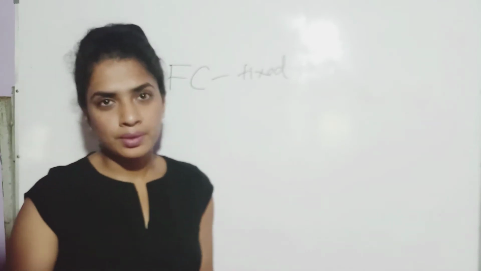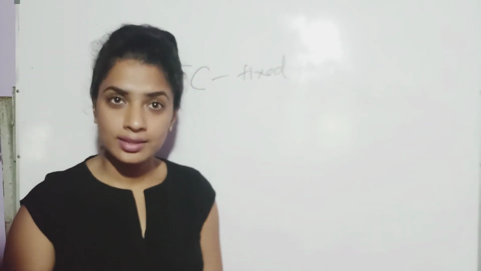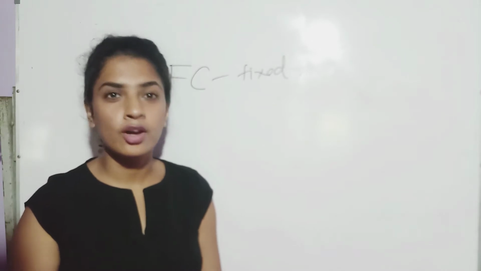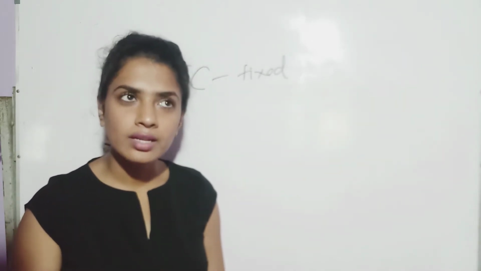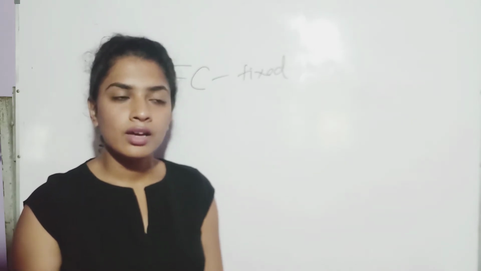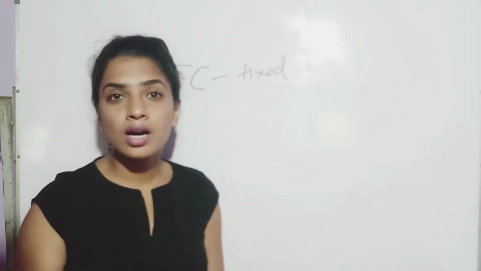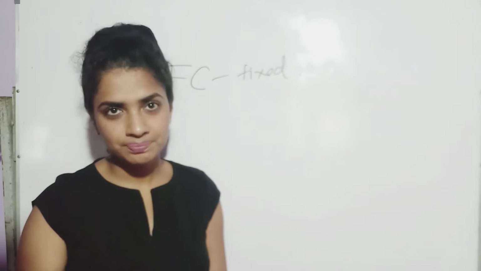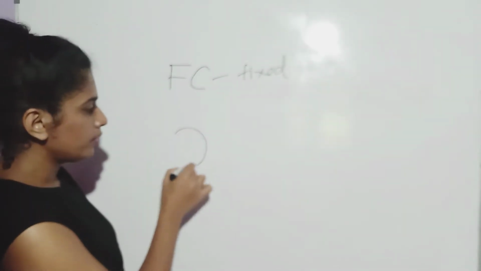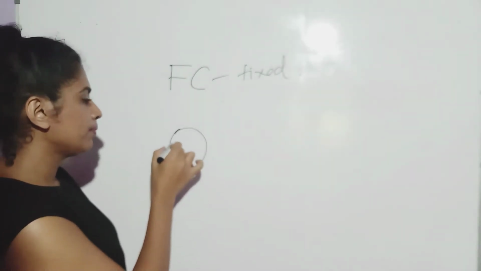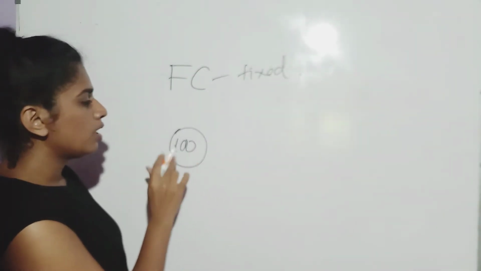Let's get an example. Think you're going to start a new business. That is, you're going to start a nursery. Right? So you need a land for that, and you get a land for the nursery, paying 10,000 rent per month. Now, in your first month, you're producing only 100 plants.